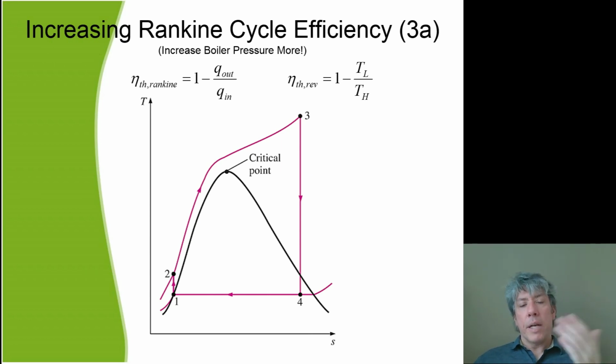So operating above the critical point of water means that the pump is really pressurizing the water, and then the boiler just basically flies above the critical point to state 3. Now, obviously this is much higher temperature than 1150 degrees Fahrenheit, so you have to use expensive exotic metals so that the turbine doesn't melt down and doesn't fail. It can be done, and so there are what's called supercritical plants.